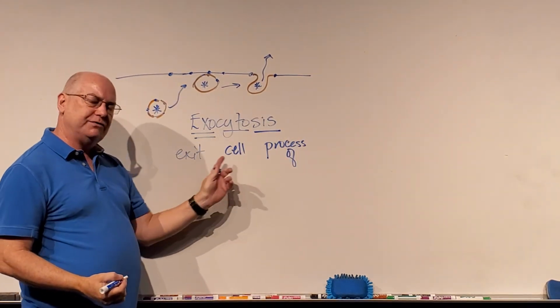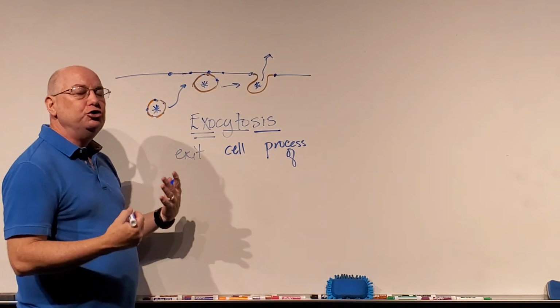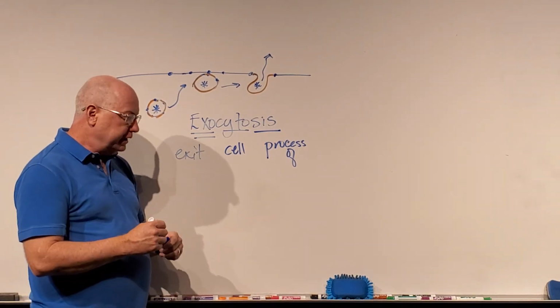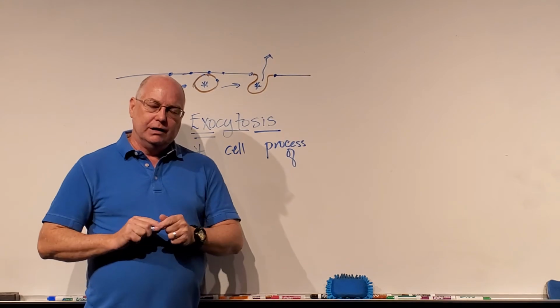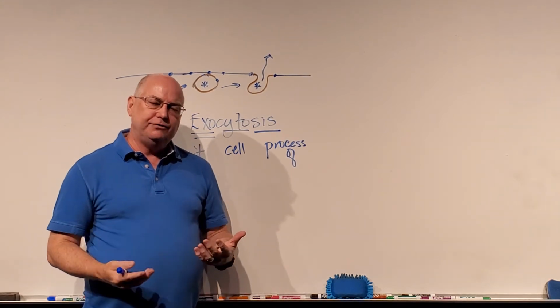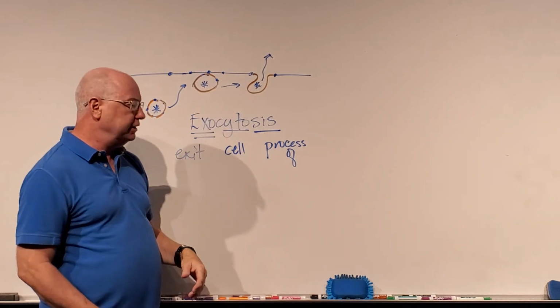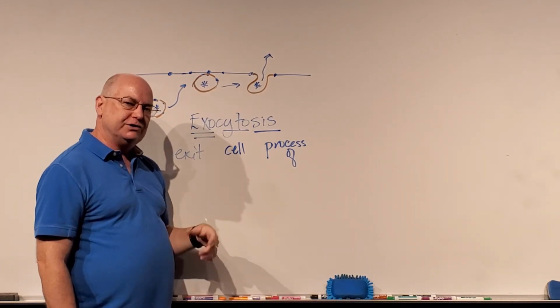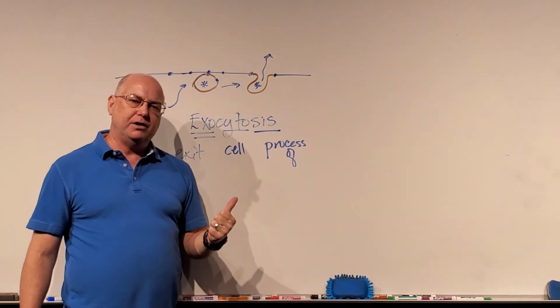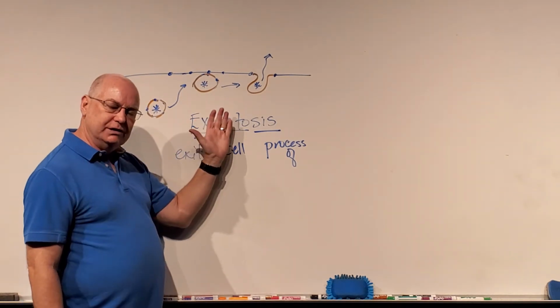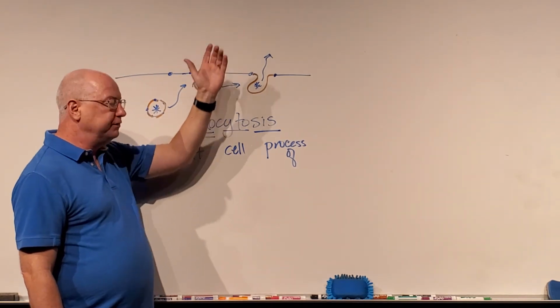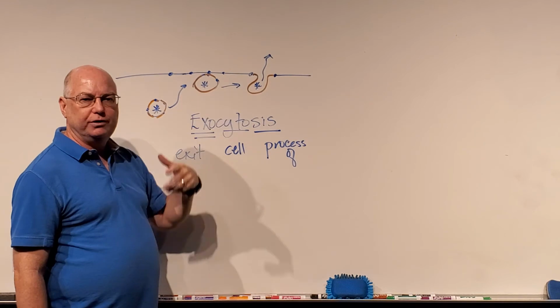It's the process of something exiting the cell using a vesicle. So exocytosis is the active process of the cell releasing substances into the extracellular fluid using a vesicle. Again, it's an active process of the cell releasing substances into the extracellular fluid using a secretory vesicle.